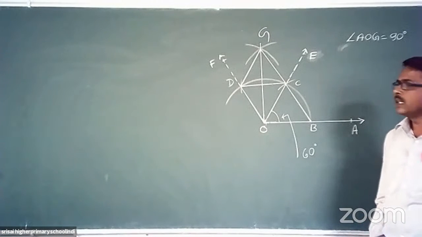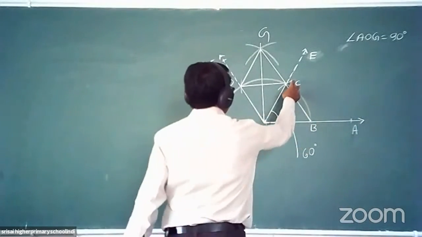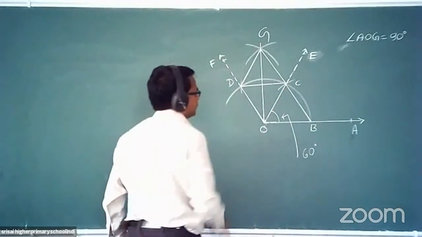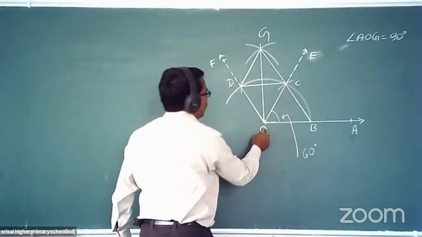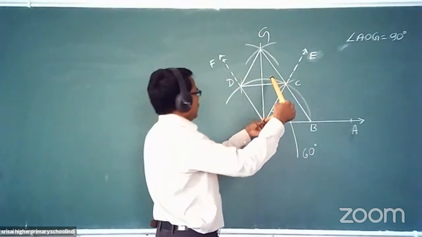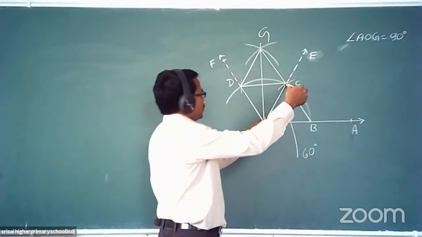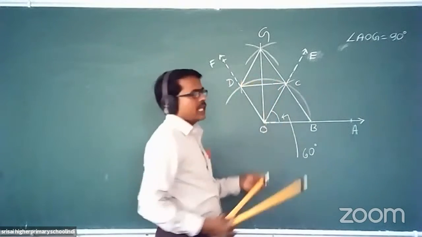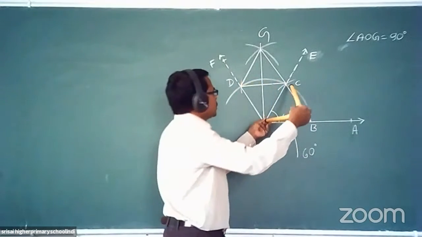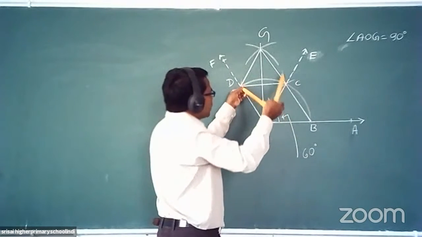Correct? Similarly, you see the triangle COD. This is an arc. OC and OD are radii of the same arc, so OC and OD are equal, and this is also equal.